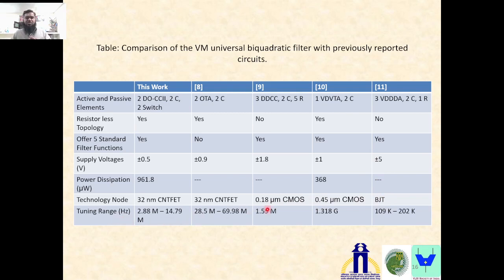The tuning range is greatest in this reference, while our circuit is also providing a good combination of tuning range. Others have a very low tuning range, 109 kilohertz to 202 kilohertz. This one is also only 1.59 megahertz. Ours is good and provides a good value of tuning range.